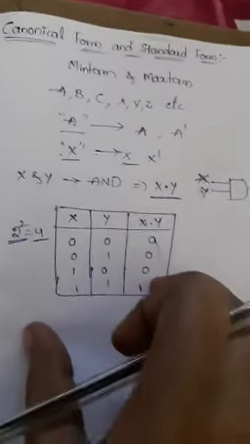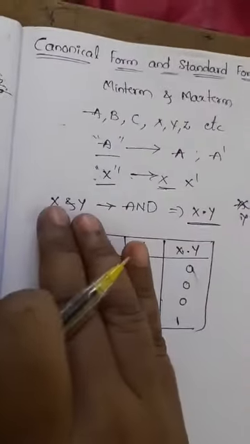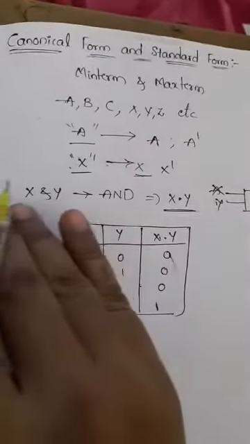Now we'll represent these binary variables in normal form or complement form. x and y can be represented in normal form, and x and y in complement form, like this. For the AND operation we take two inputs. How many possibilities do we get? 1, 2, 3, 4, totally four possibilities. You already know how to represent the complement form and normal form for any binary variable.